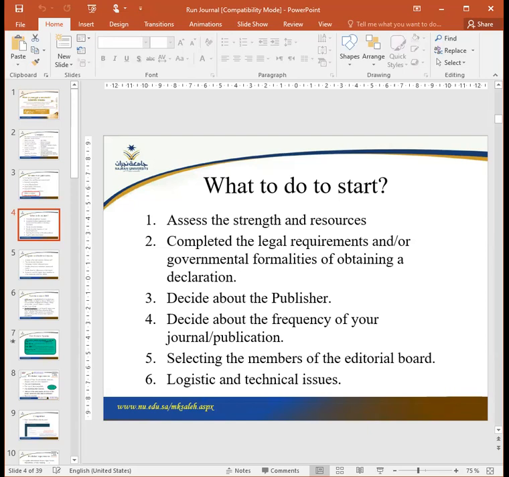Decide about the frequency of your journal or publication, which could be annually, biannually, quarterly, bi-monthly, or monthly. And be careful in selecting members of the editorial board and founder members.